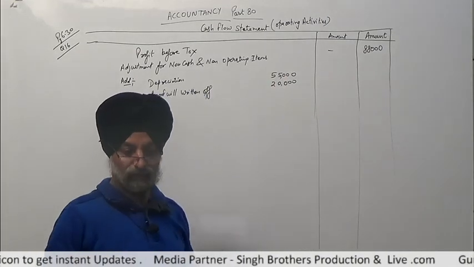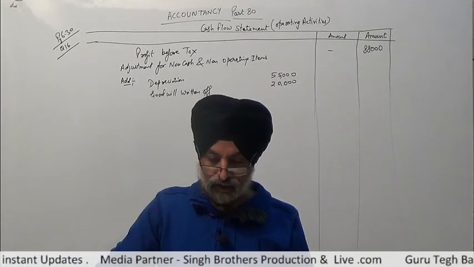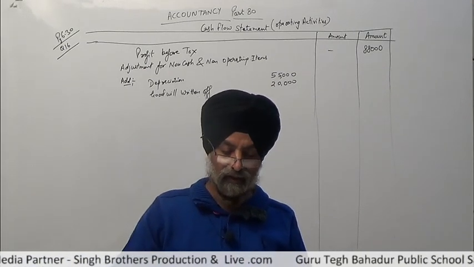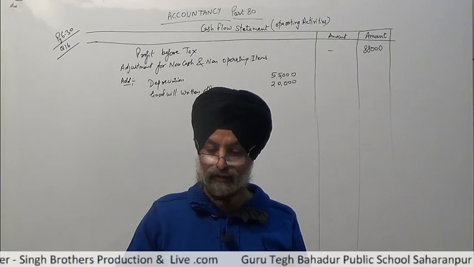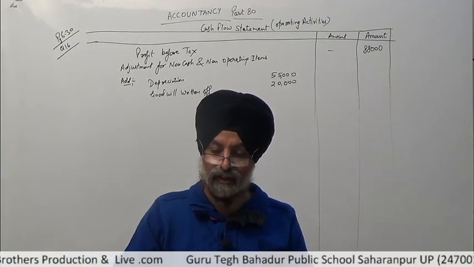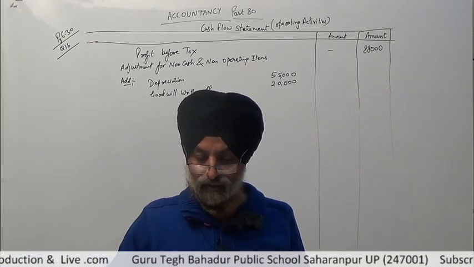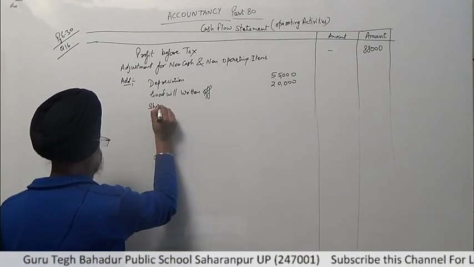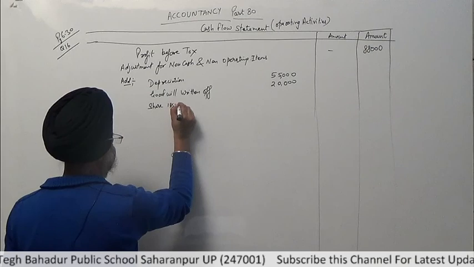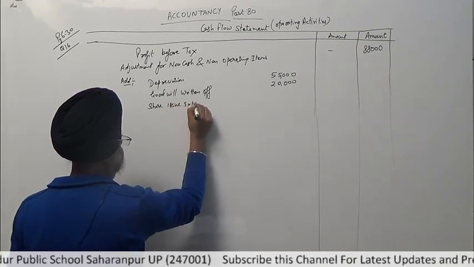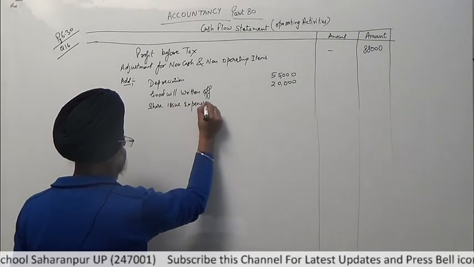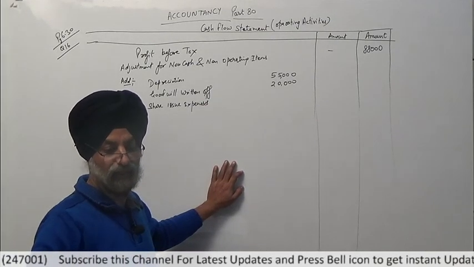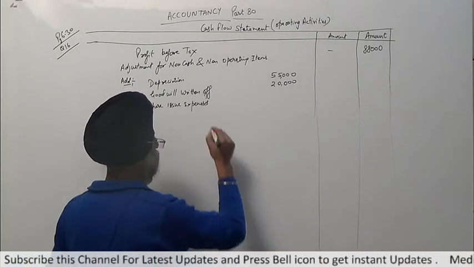Then share issue expenses are given in note number 3, under the column of other expenses. See, share issue expenses written off is 12,000.